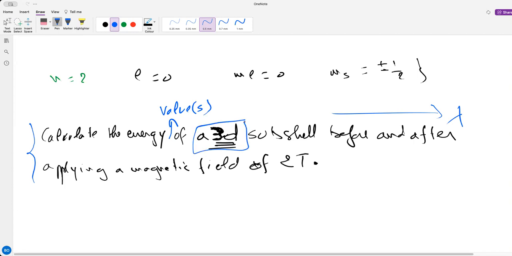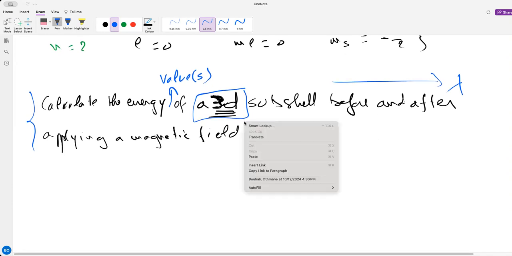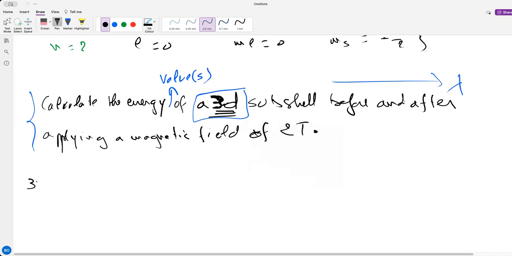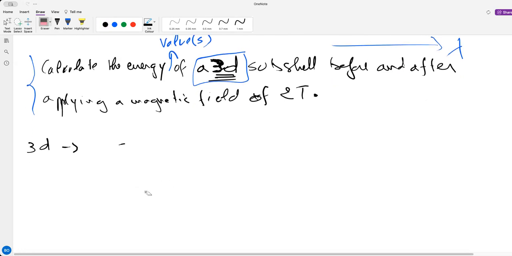We are talking about a 3D subshell. Please pay attention to the question. I'm not asking you about the whole shell. So what is the meaning of 3D? 3D means n equals 3 and l equals 2.